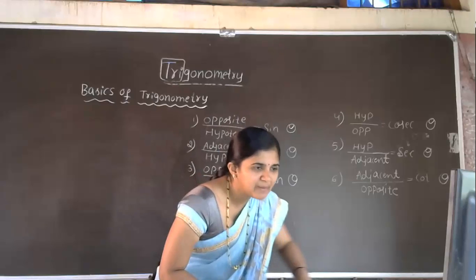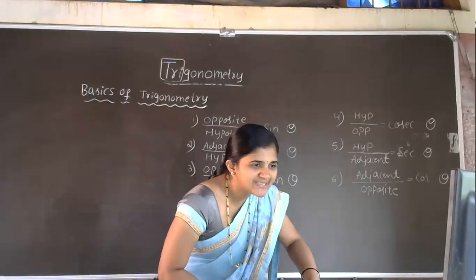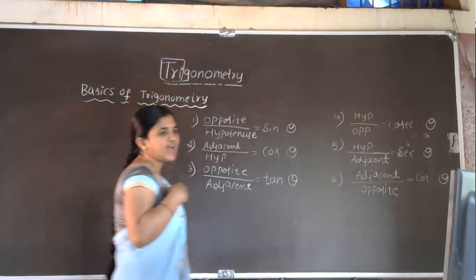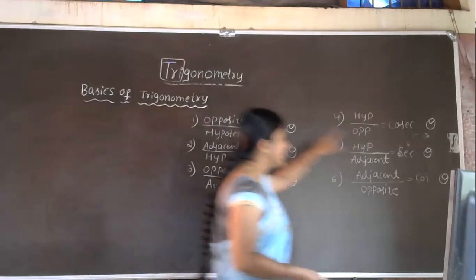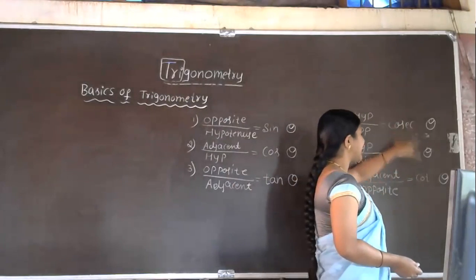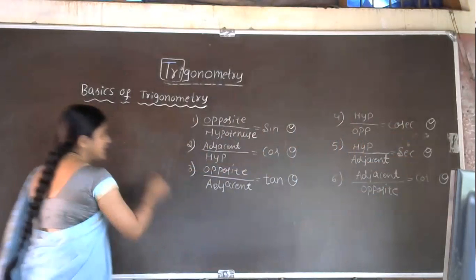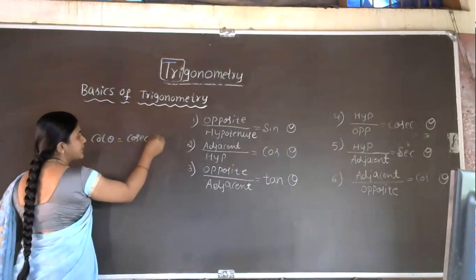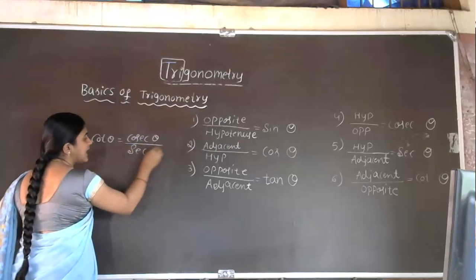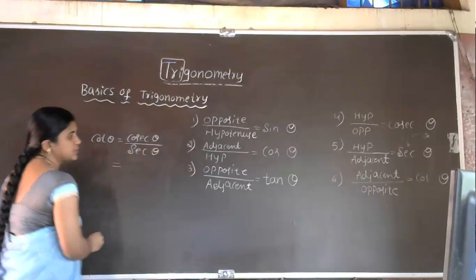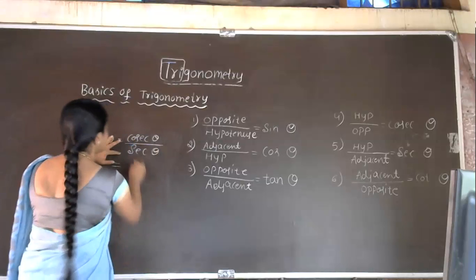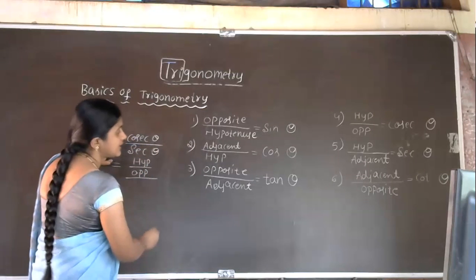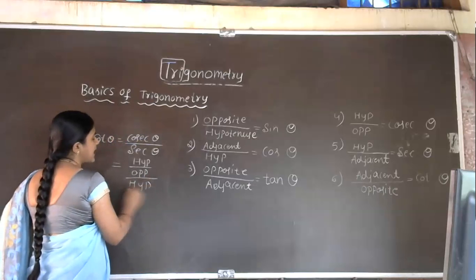Yes, Pannaga Hegde. Cosec theta by sec theta equal to cot theta. Yes, very good, Pannaga. Can we try that one? Cot theta is equal to cosec theta divided by sec theta. Whether it is right or wrong, we'll substitute now. Cosec theta is hypotenuse by opposite, divided by sec theta, which is hypotenuse by adjacent.